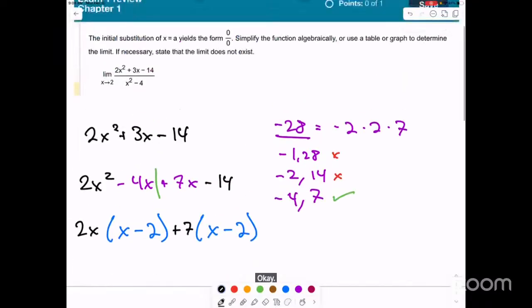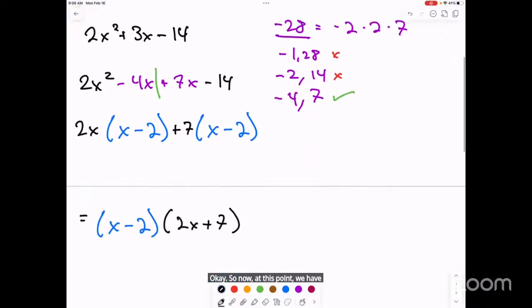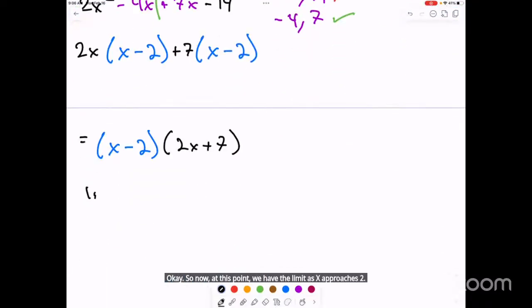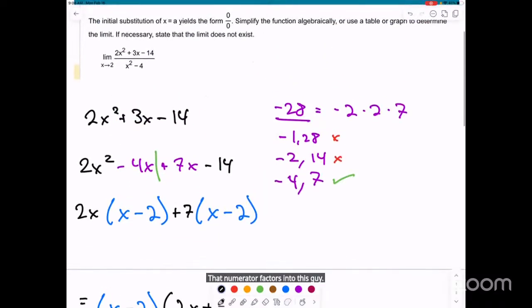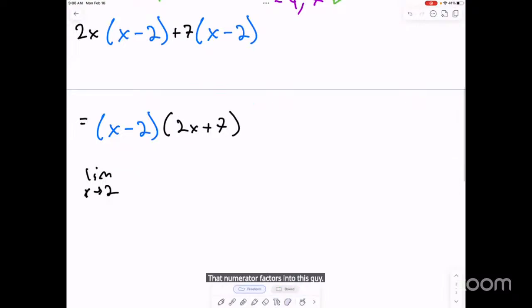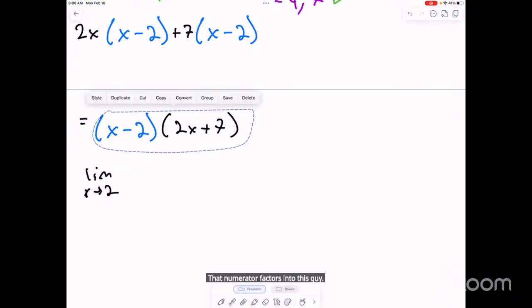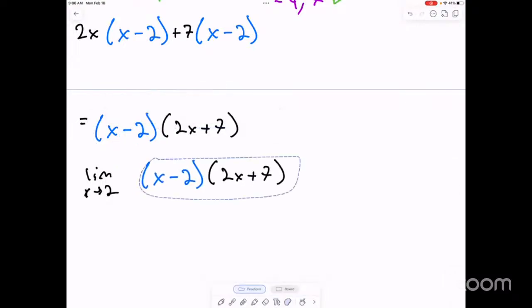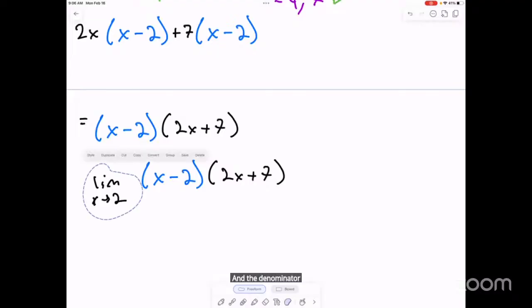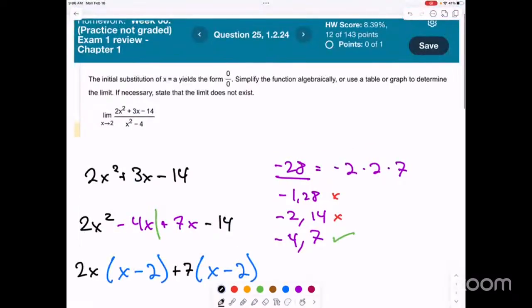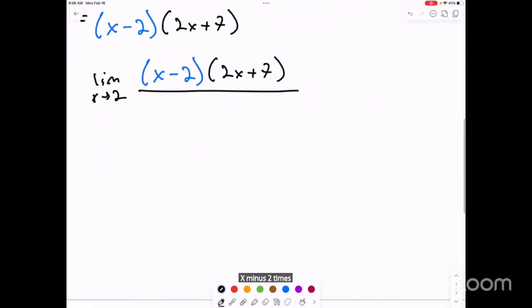So now at this point, we have the limit as x approaches 2. That numerator factors into this guy, and the denominator factors into x minus 2 times x plus 2. Okay, so then this is canceled by this.